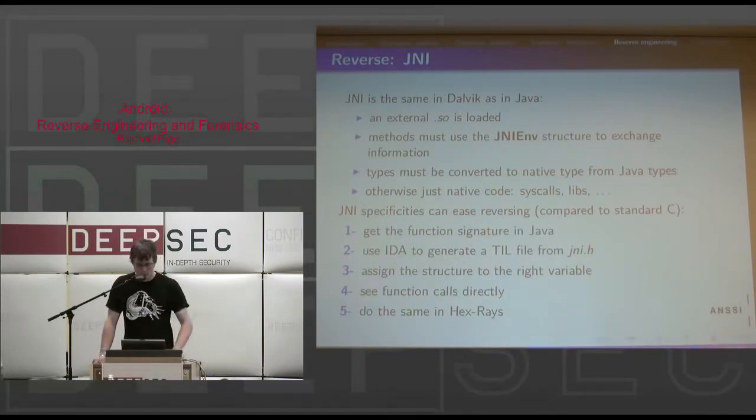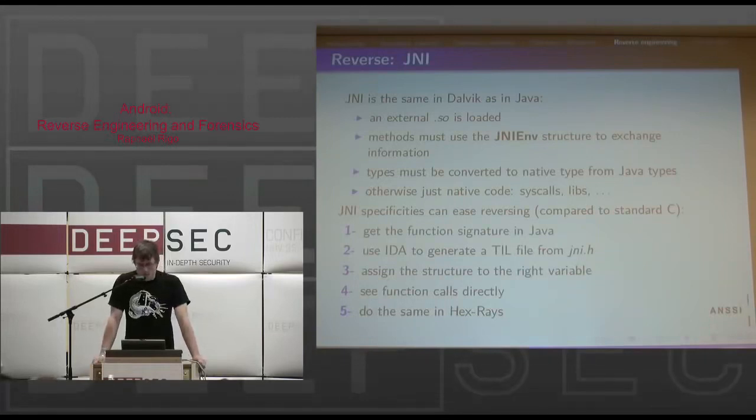And afterwards, the methods that are present are used directly by Java code. Those methods themselves can exchange information with Java, call methods and everything. And they use a structure called the JNI environment to interface with the main Java code.